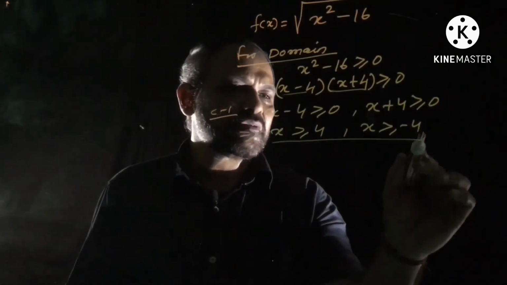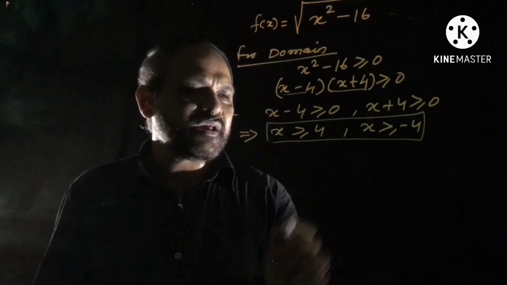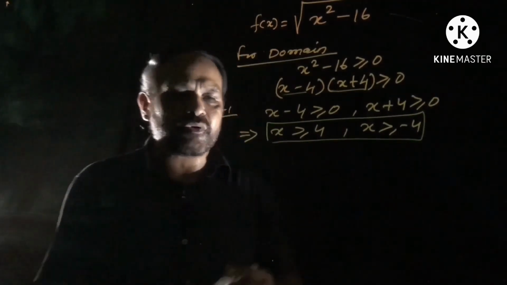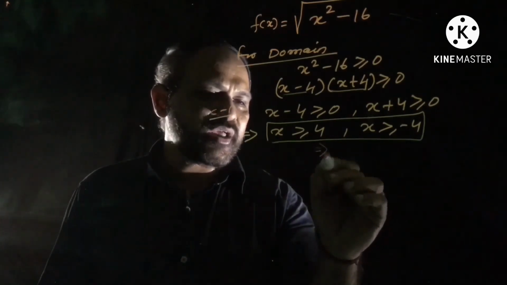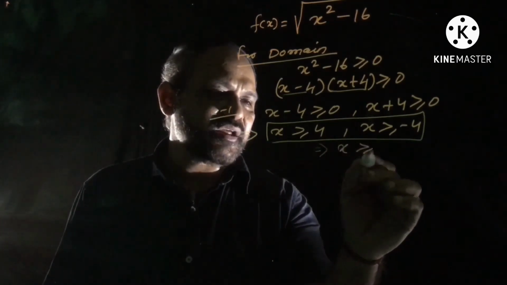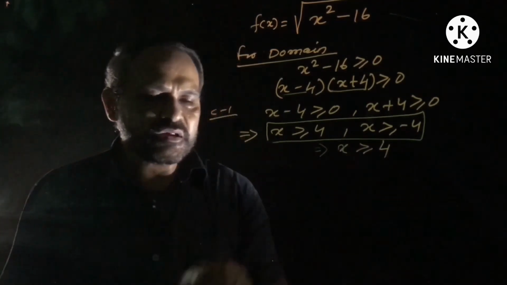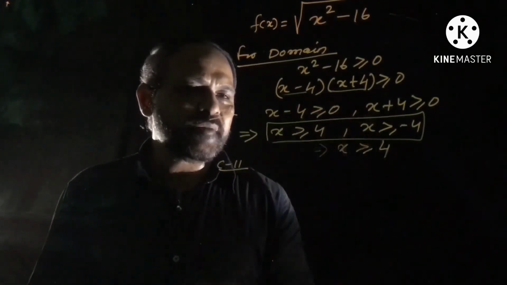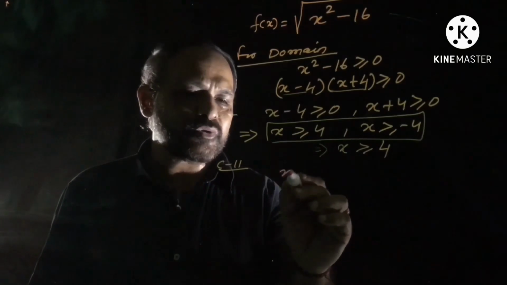What is x here? It is greater than or equal to minus 4 and greater than or equal to 4. From this, we get x greater than or equal to 4. Similarly, in case 2, both of them are less than or equal to 0.